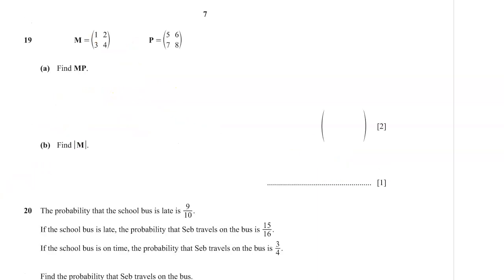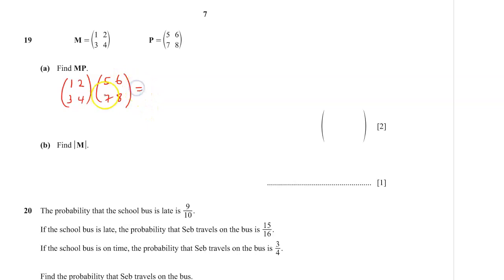Number 19. We are given matrices M and P. We are told to find MP. We basically multiply. So M is 1, 2, 3, 4. We multiply it by P, which is 5, 6, 7, 8.